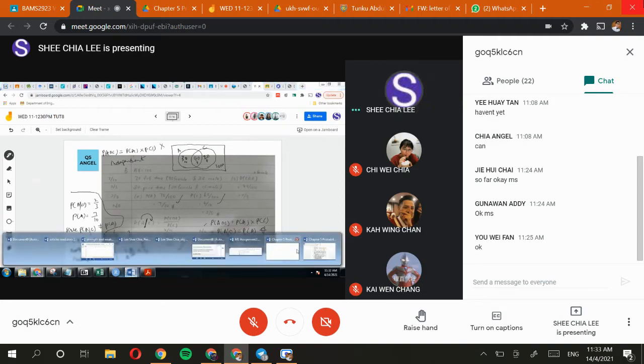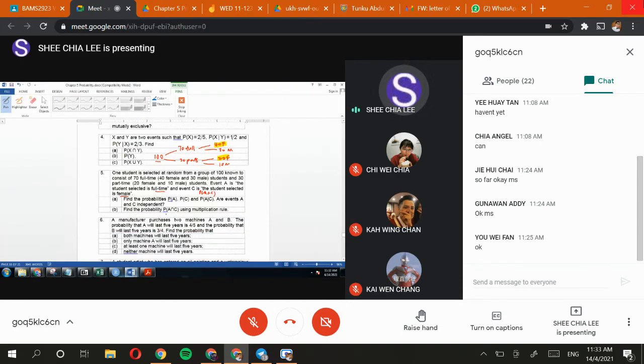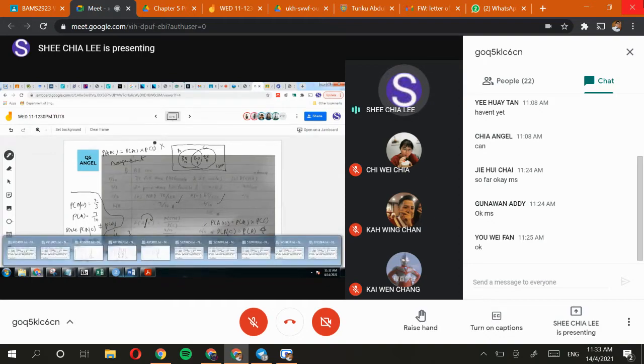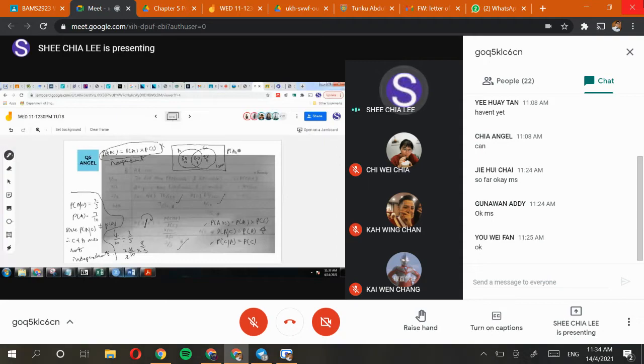Another one, they ask you to find the probability of A intersect C using the multiplication rule. This is one of the multiplication rules for independent events. For dependent events, the multiplication rule is A intersect C equals A given C times probability C, or C given A times probability A. I have A given C, so I use this one.